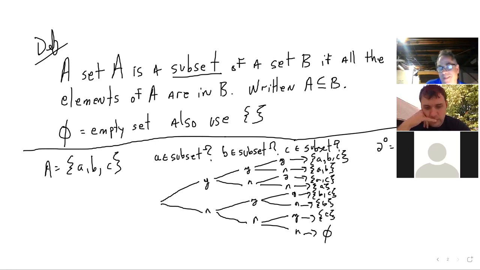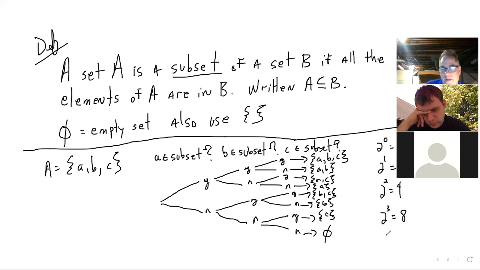If you have one element in a set, then there are 2 possible subsets, itself and the empty set. If you have a set with 2 elements, there are 4 possible subsets, 2 squared. If you have, as we just worked out, 3 elements, then there are 8 possible subsets. It just doubles every element you increase by.